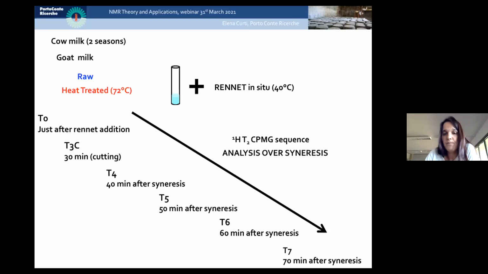the development of syneresis. We measured T2 over syneresis, from time 0, when we just add the rennet, and then every 10 minutes from the cutting operation until 70 minutes after syneresis.